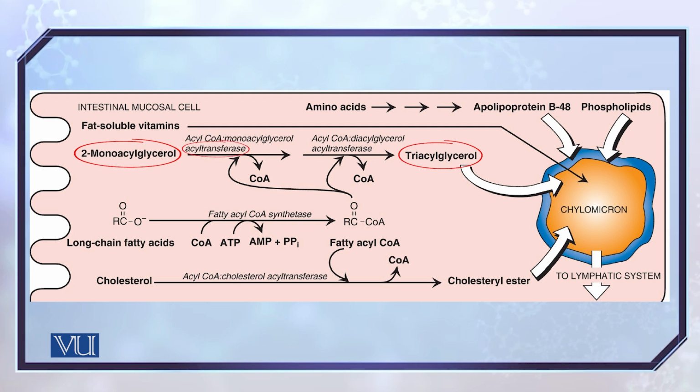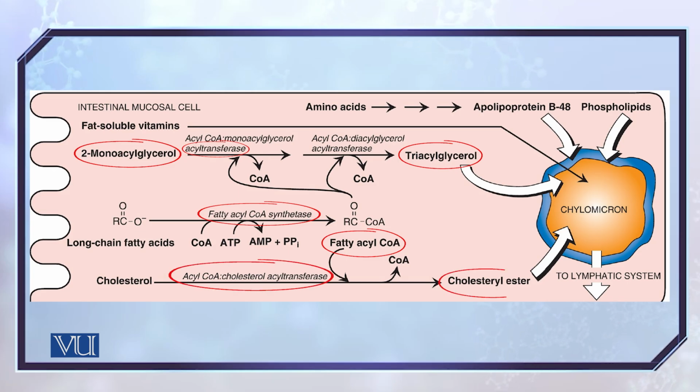Similarly, the long chain fatty acids are converted again into fatty acyl CoA through the activity of fatty acyl CoA synthetase. And free cholesterol is again esterified by cholesterol acyltransferase, and you get cholesterol ester. Fine. Now you again get these lipid molecules in their intact form.